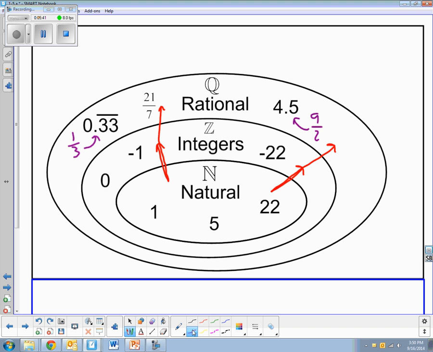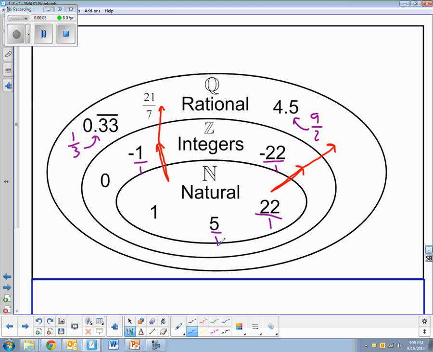You could write it as 22 over 1, or negative 1 over 1, or negative 22 over 1, or 5 over 1. You can write any whole number as a fraction, which means that every natural number, 1, 5, 22, every natural number is also an integer.